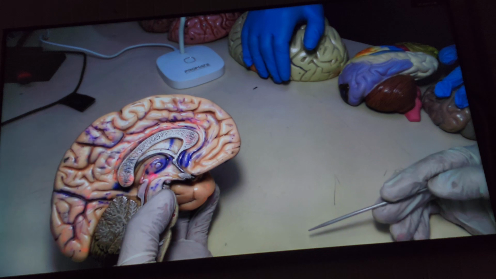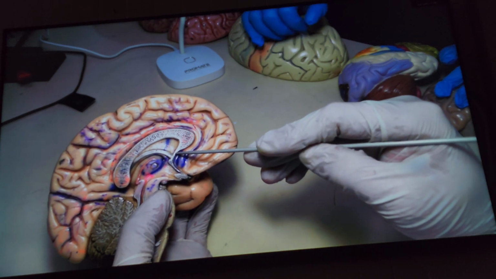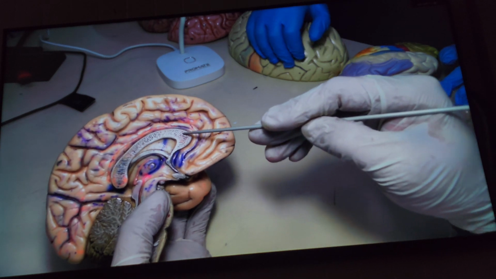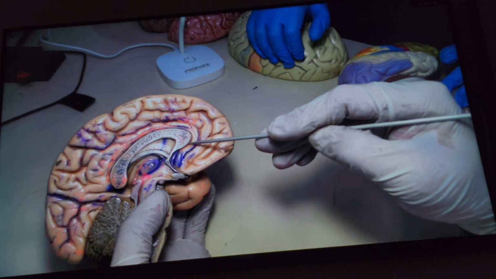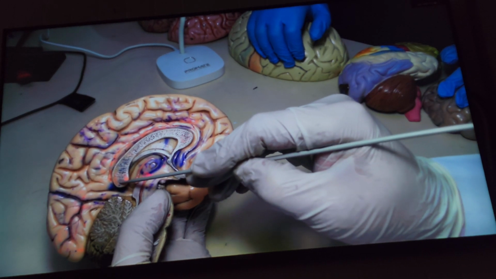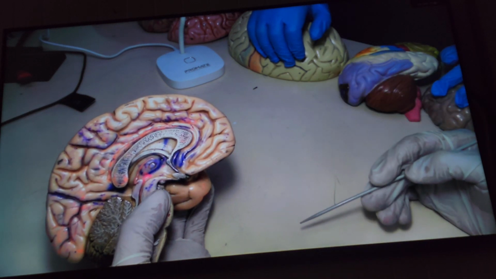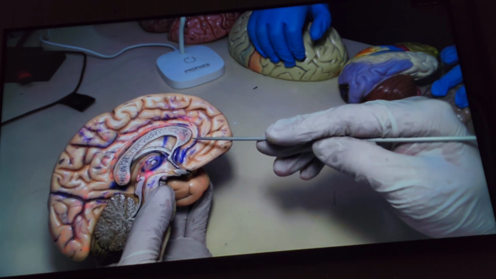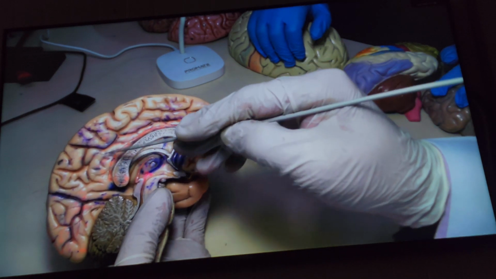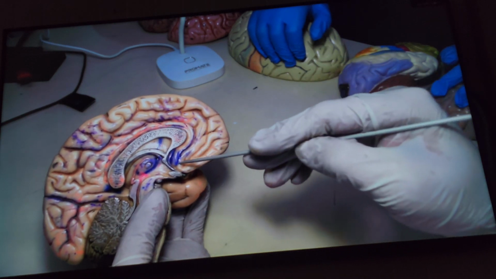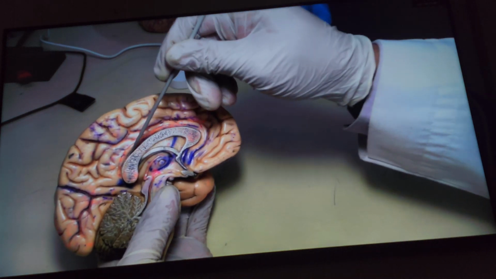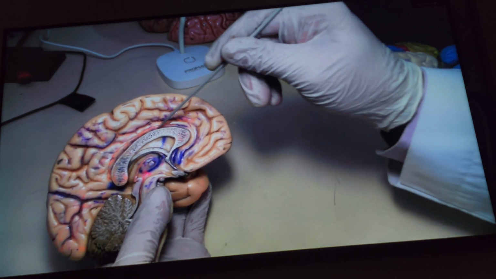The corpus callosum consists of the rostrum, then the bending part called the genu, the body, and lastly the splenium of the corpus callosum. Above the corpus callosum, there is a gyrus called the cingulate gyrus. The area between the cingulate gyrus and the corpus callosum is called the callosal sulcus.